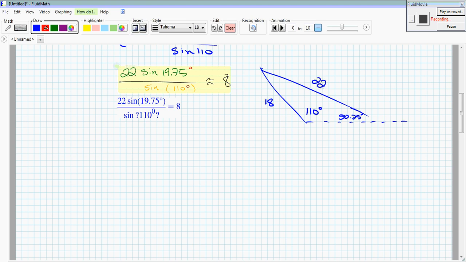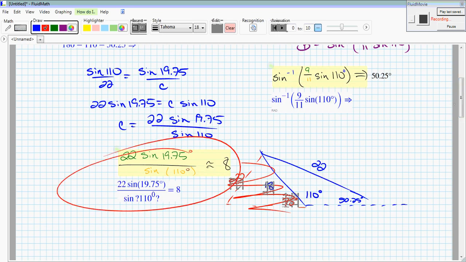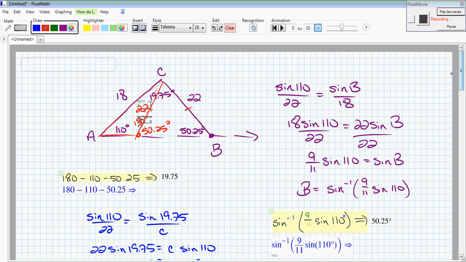The only other way that we could make this triangle is if we were to swing this side, and it would be hitting somewhere over here. But this would no longer be 110. This would still be 18, and this would be 22, but this would be 70. So that wouldn't be a solution, or it wouldn't satisfy the given conditions. And that's how you solve question 13. Apologize for this mess down here. Didn't work out all that well, but I'm sure you can bear with me on that.